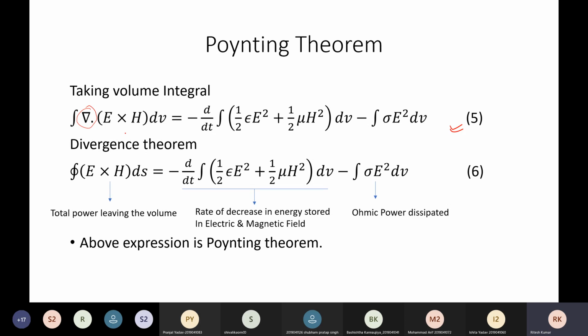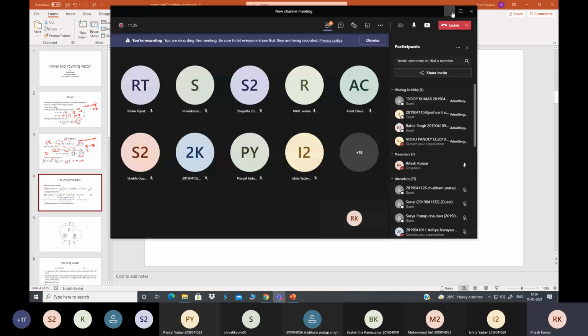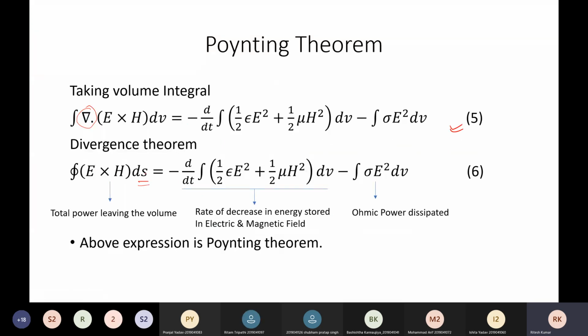So integral of E cross H ds should be equal to minus d by dt integral of half epsilon E square plus half mu H square dV, and separately we have applied the volume integral of sigma E square dV.